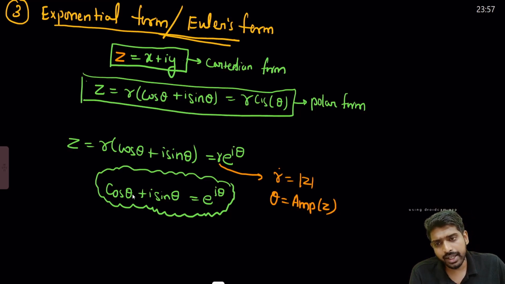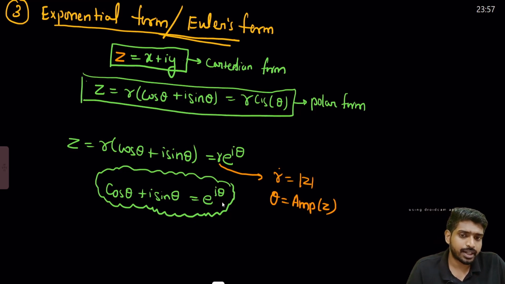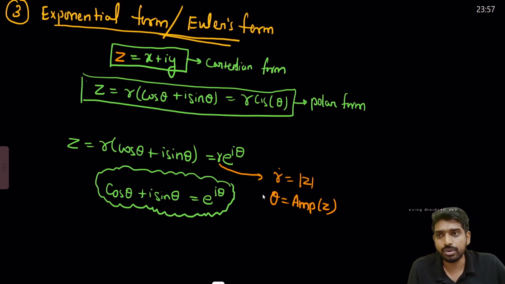Now how can we write cos theta plus iota sin theta as e to the power iota theta? Right. So we'll try to prove this. Try to do the proof of cos theta plus iota sin theta is equal to e to the power iota theta in two different ways.